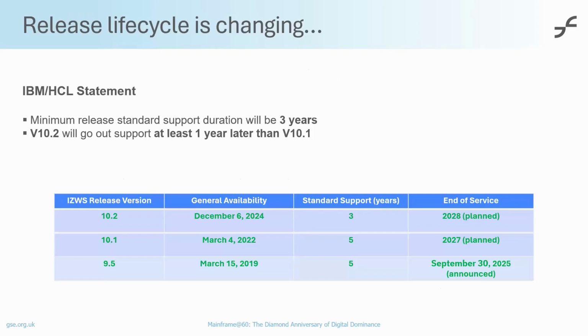So the standard support will be 3 years only instead of 5. For 10.2 in particular, it will be 4 years just because it needs to be at least 1 year later than version 10.1. But apart from that, future releases will only have a standard support of 3 years. So upgrades will happen more frequently, probably.